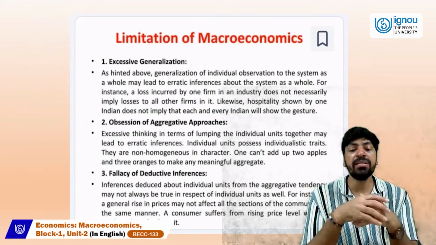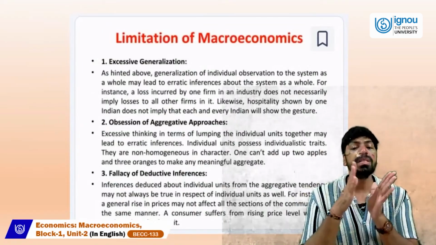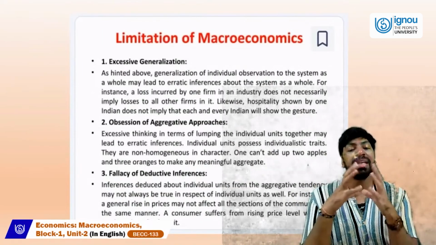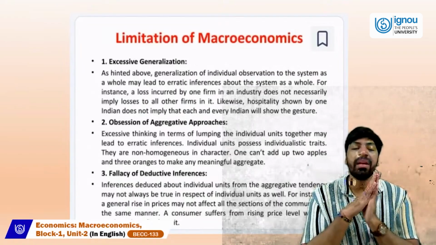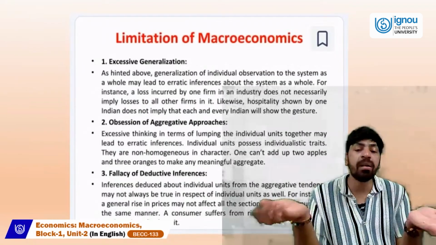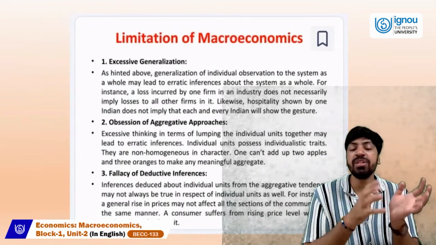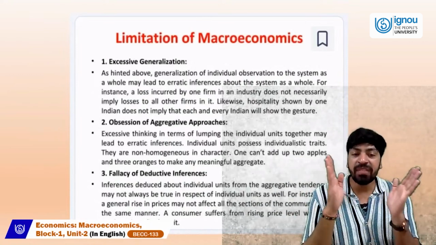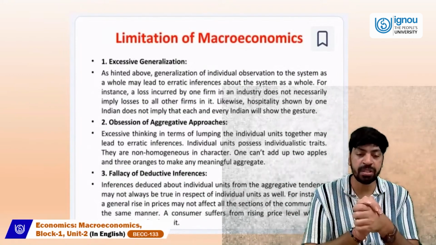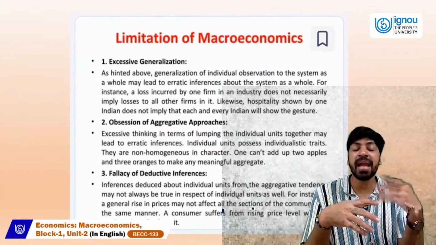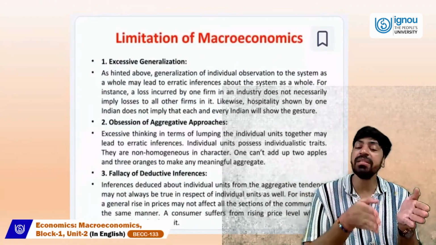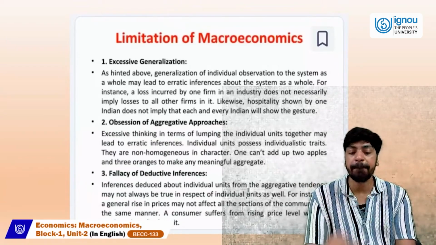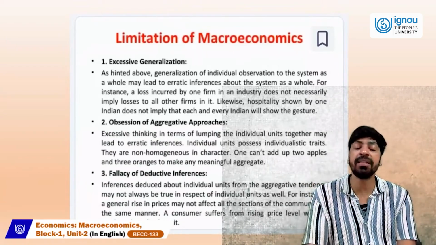So whatever inferences are taken from the individual units, the aggregative inferences may not be true. It could not be matched at all. If any situation exists, it doesn't mean that everybody would be harmed by it. When the price goes up, it influences the consumer, but not the producers. And of course, the consumers buy the products in case of need.